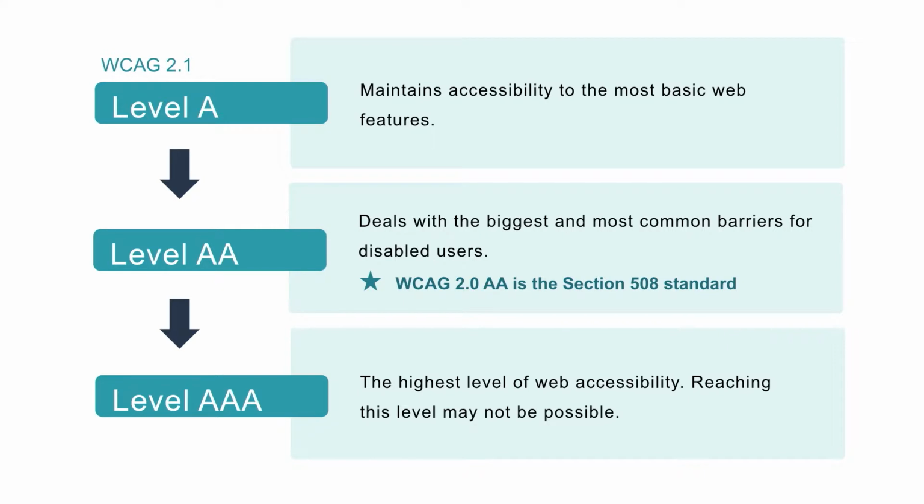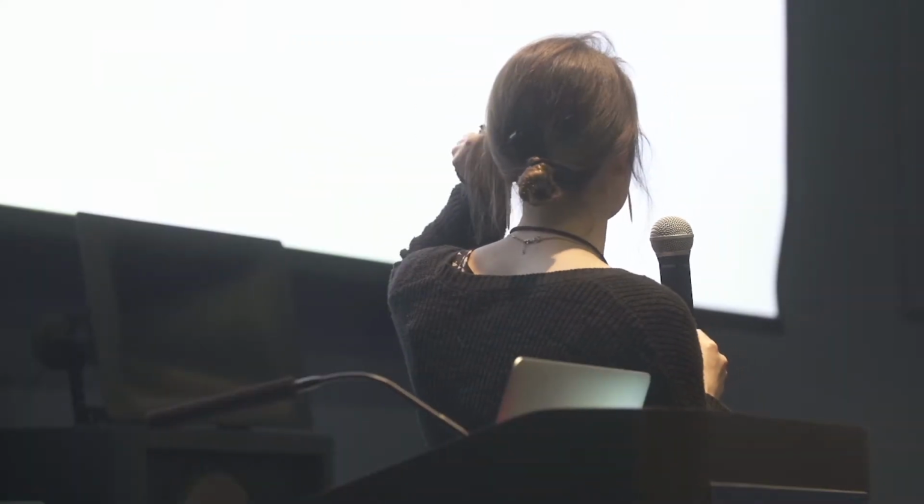That's the one where they actually meet and exceed Section 508 standards, in WCAG 2.0. And level AAA, this one is trying to be as accessible as humanly possible. However, the WCAG does allow that it's really hard to achieve this, so it's something that you should strive for. You may not get there, but at least in striving for it, you would surpass level AA.